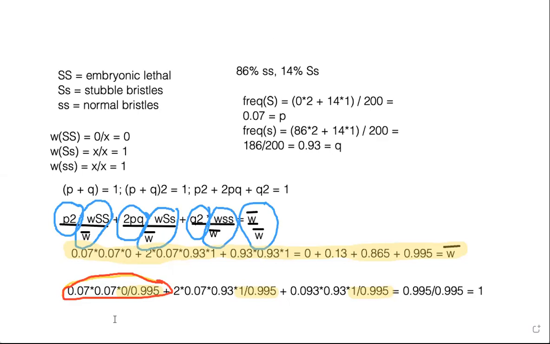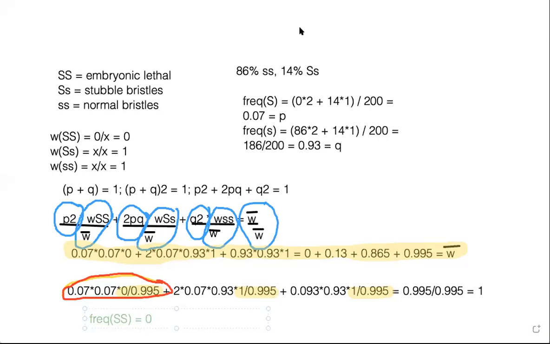And our frequency of big S flies after one round of selection is going to equal 0, because there's a 0 right there. So in the next generation, we will not have any big S flies, because that's an embryonic lethal and they're all going to be dead.